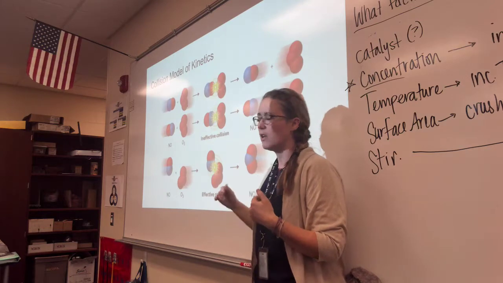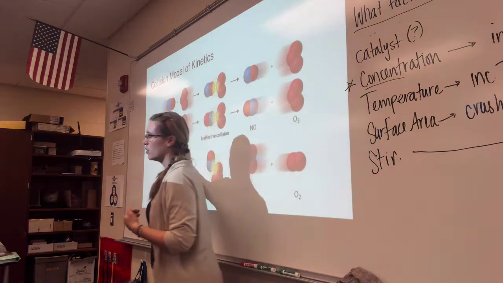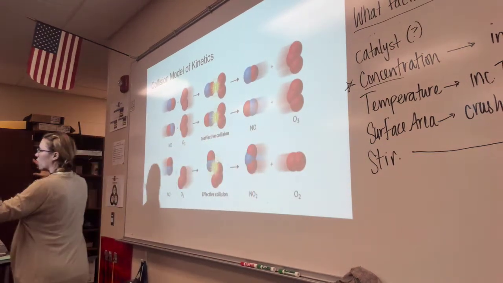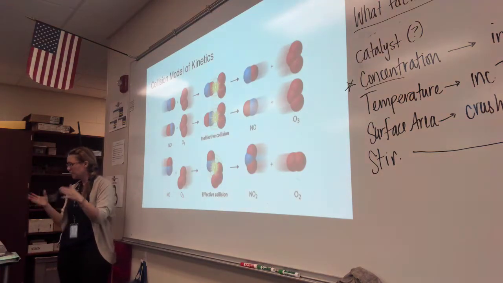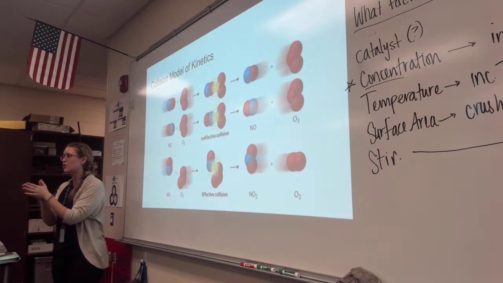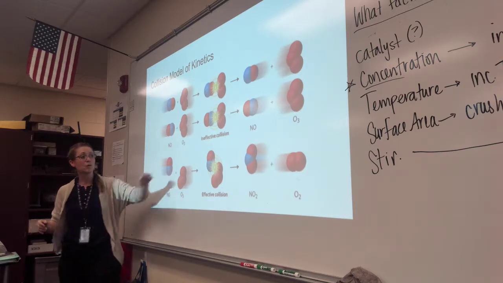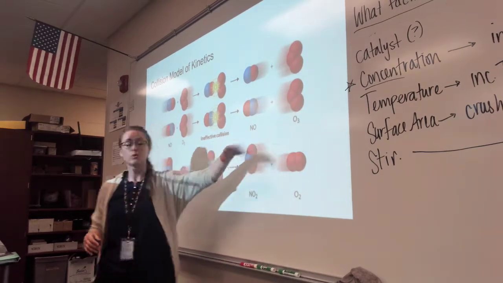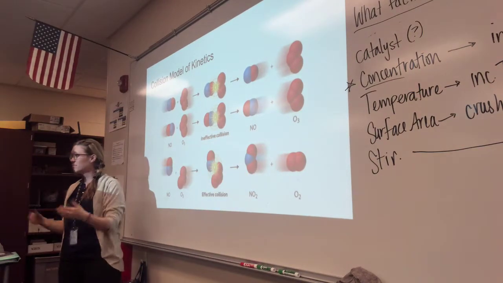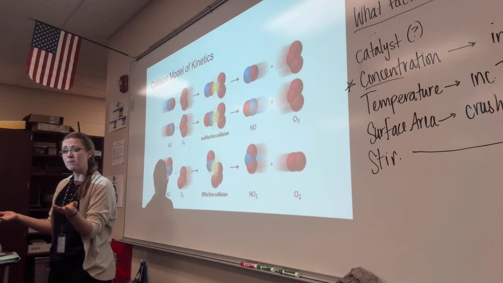We have nitrogen and ozone. And if nitrogen monoxide and ozone, that are both in the atmosphere, collide, but they collide in such a way that they do not react, they bounce off and maintain nitrogen monoxide and ozone. We would say this is an ineffective collision. It didn't result in a reaction because they were not the correct orientation.